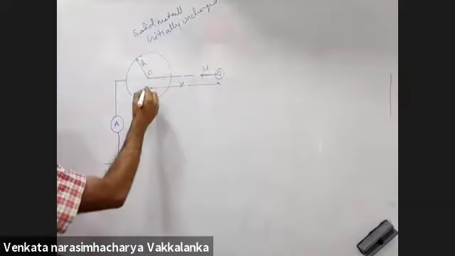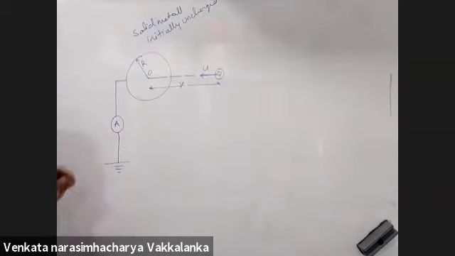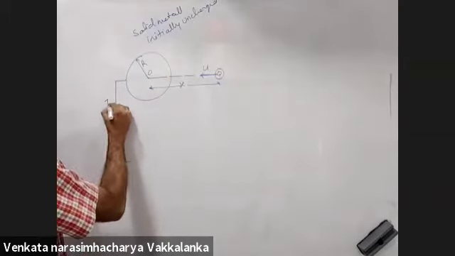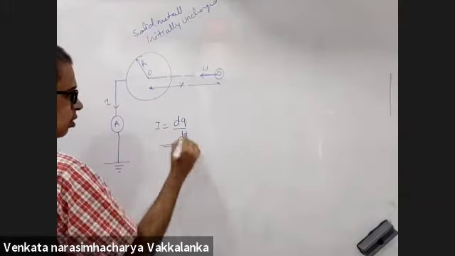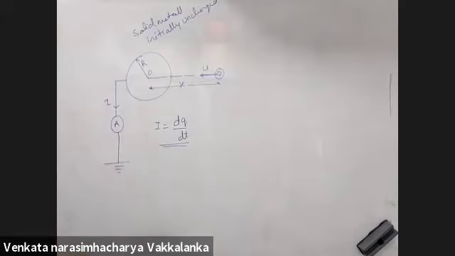Charge Q is moving with a velocity of U. Find the ammeter reading. What is the ammeter reading? dq by dt. Because current is not yet taught, I am giving you the hint. Find the ammeter reading at this instance.